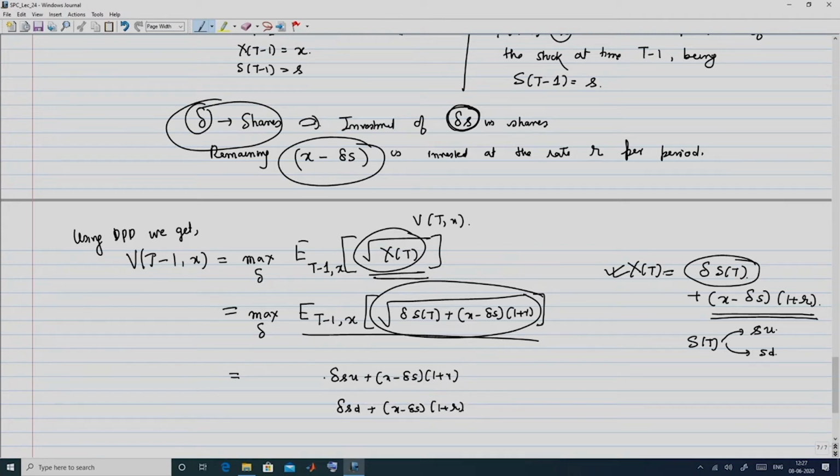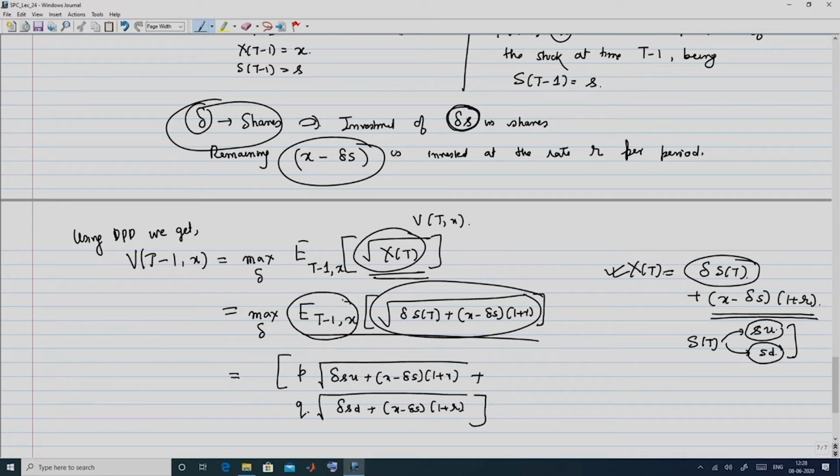Now, since it is a square root utility, I will take the square root of these two quantities, and since the s u value can be taken with probability p and the s d value will be taken with probability q, the expectation will be given by p into this expression plus q into the expression for the case when the stock price goes down. So, this expression is the conditional expectation given t minus 1 comma x, and now we have to maximize this over delta.